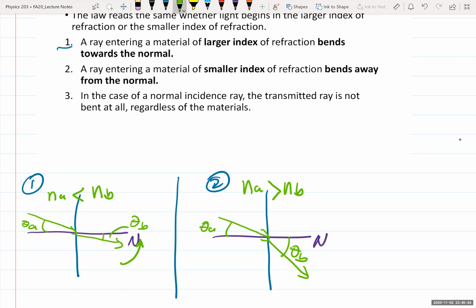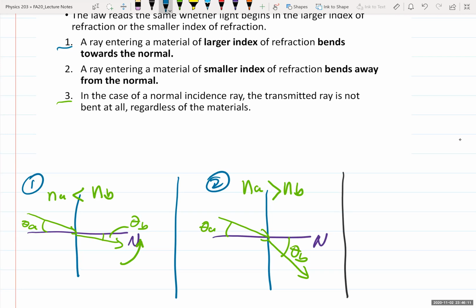In the case of normal incidence, meaning the incident angle is equal to 0, the transmitted ray will not bend. So let me just draw this for you.